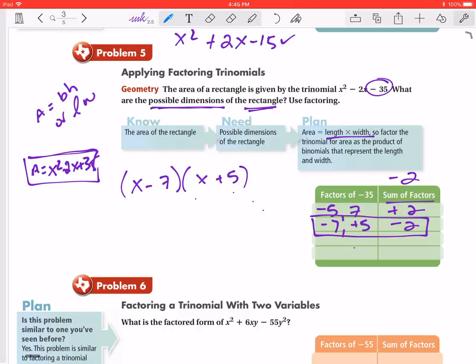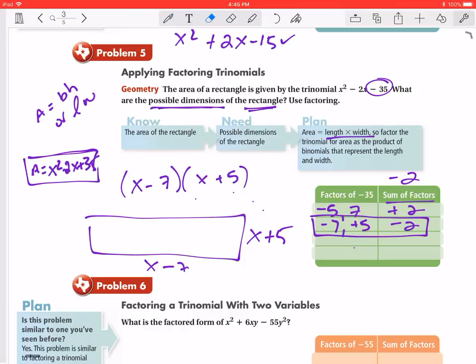Okay? So in terms of talking about the rectangle, this could be x minus 7 and this could be x plus 5. Now we'll get deeper when we start talking about finding the values of x, but I want you to take a second and look at that.